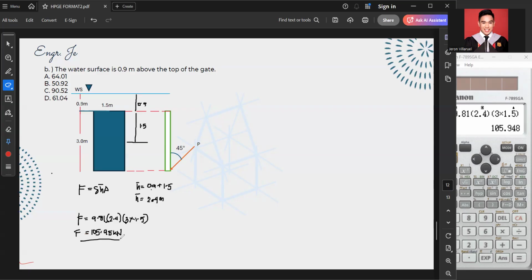Since we cannot use our shortcut for the location of our center of pressure, we need to look for the eccentricity, whose formula is E equals inertia over area times bar H or bar Y. So the inertia for our rectangular, that is IG equals BH cubed over 12.